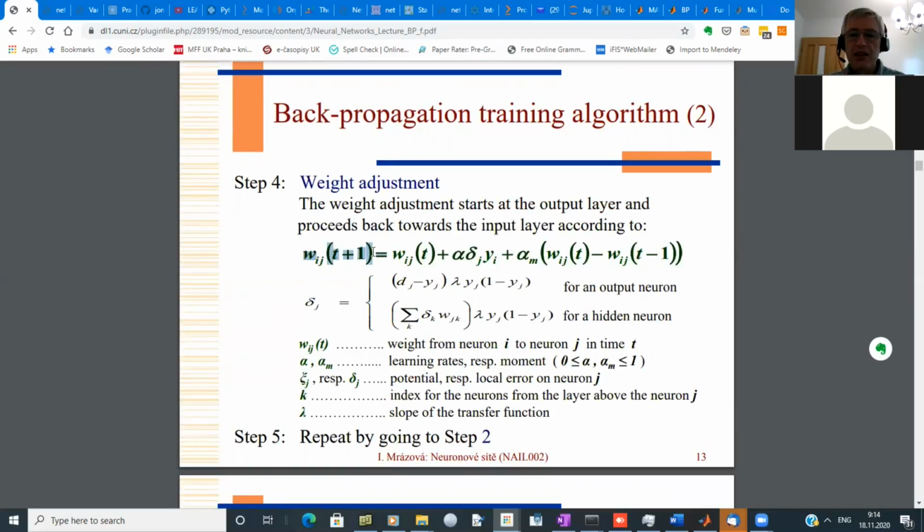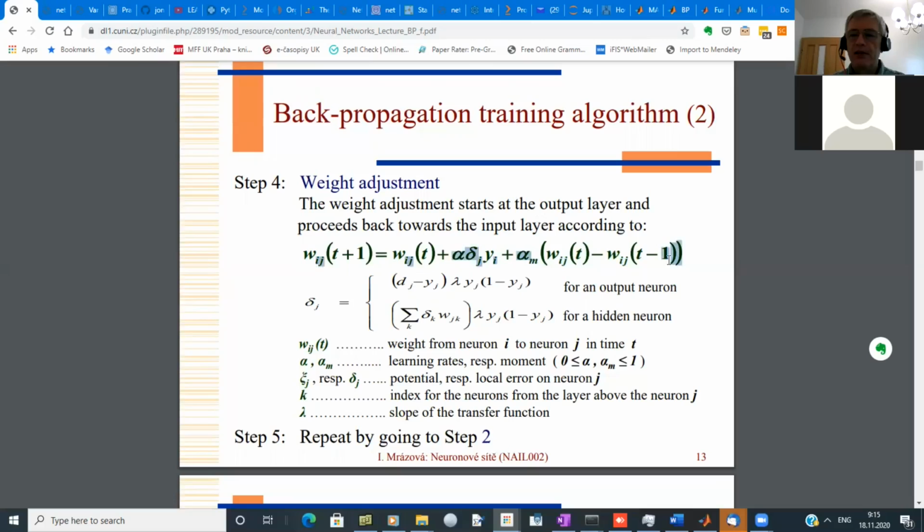So, as I said, initially the weights are set random, and then the value for a weight between neuron i and neuron j in time step t plus 1 is the value of the weight at time step t plus alpha times delta sub j y sub i plus alpha sub m times the difference between the weights at time t and weight at time t minus 1.